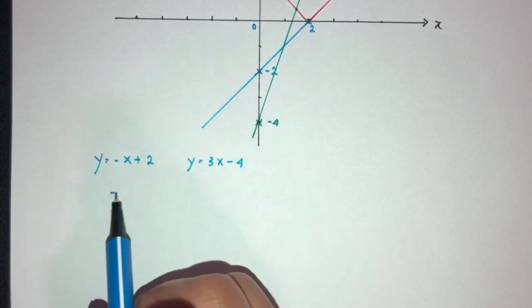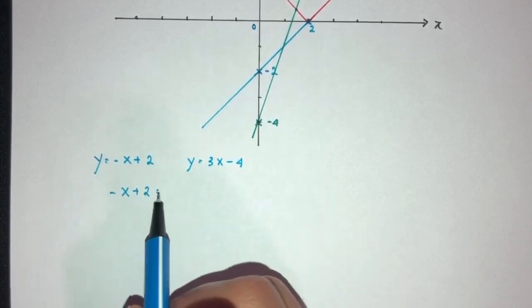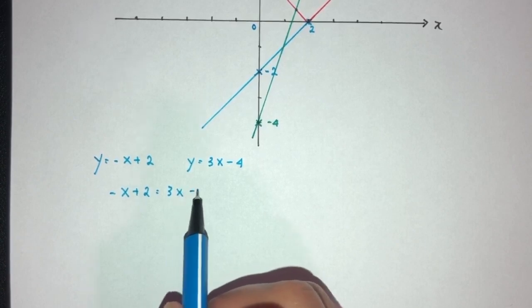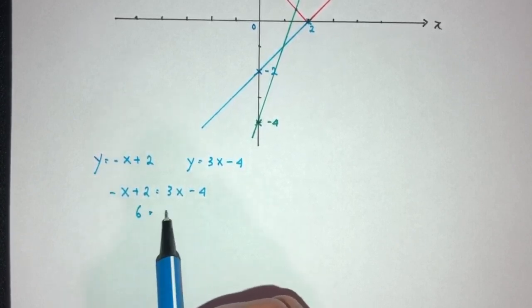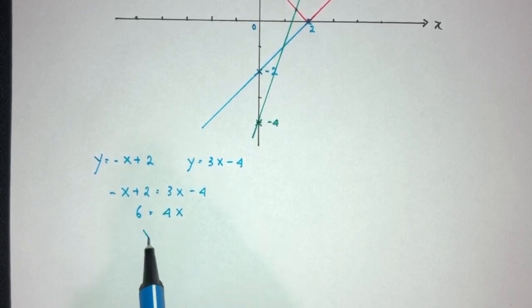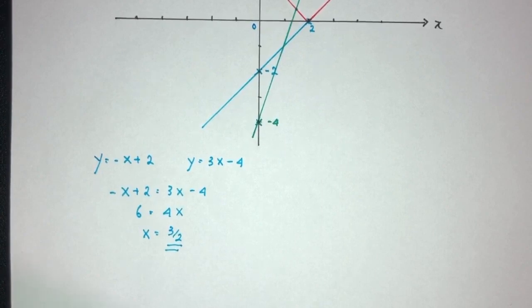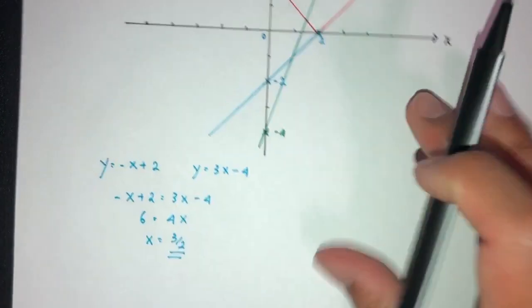So replace, you have minus x plus 2 equal to 3x minus 4. Send this over here, and this over here, 6. 4x equals 6. x will be the value of 3 over 2. So the point of intersection here is simply 3 over 2.